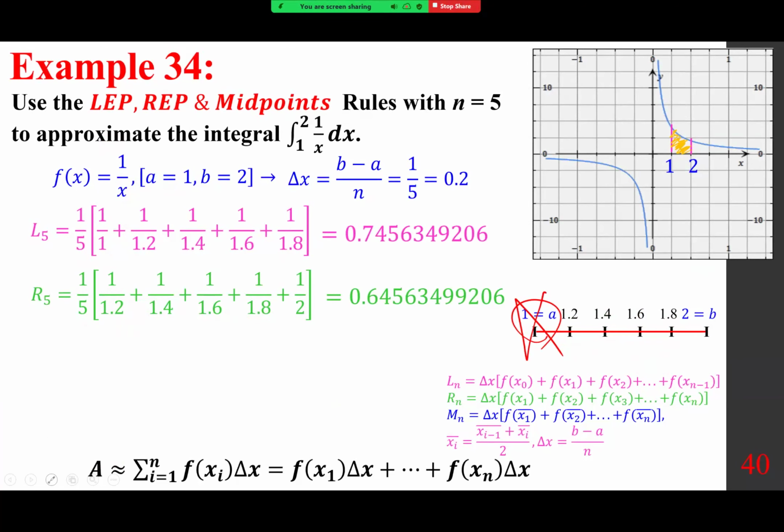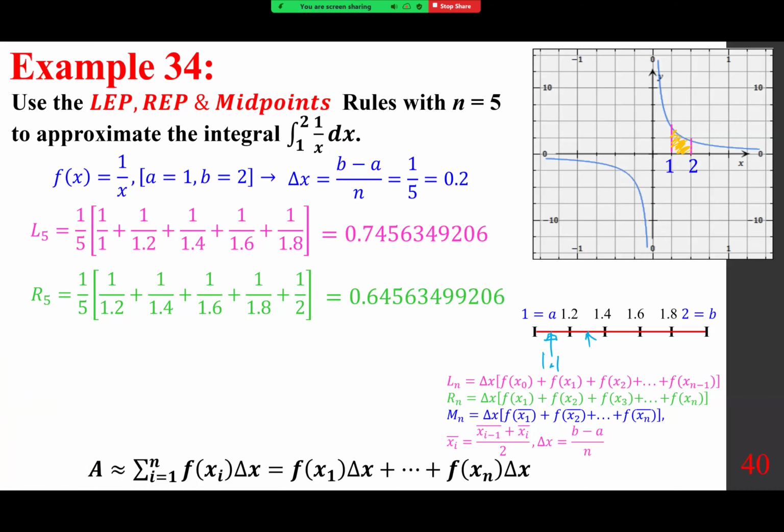Now the midpoints. You have to find the midpoint, so how do you do that? An easy way: just find the first point. Between 1 and 1.2 is 1.1.